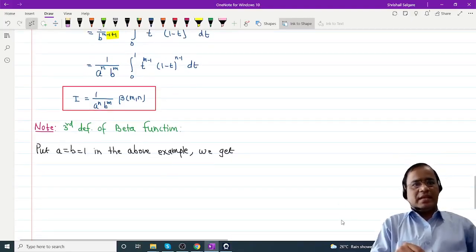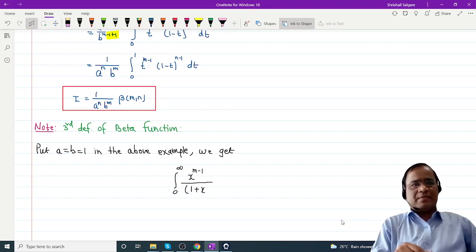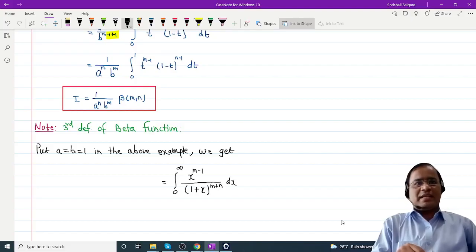So the integral is given as 0 to infinity, x raised to m minus 1 divided by, both a and b you have to put 1, then that factor becomes 1 plus x raised to m plus n, dx. And for the right side, 1 upon 1 raised to something, that result here only I have written.